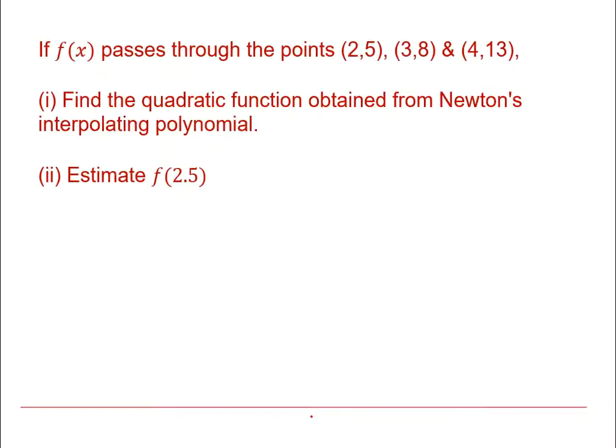So we're going to see how this works for these three given points, and so we want to find a quadratic to go through those points, and we also want to do some interpolation to see what the value of the function would be expected to be for x equals 2.5.